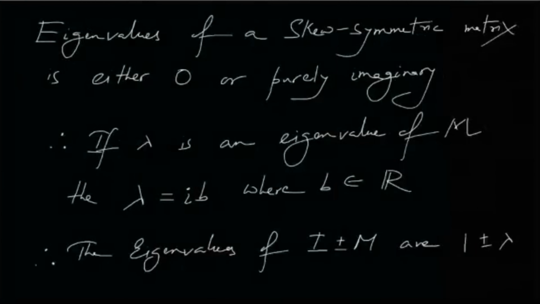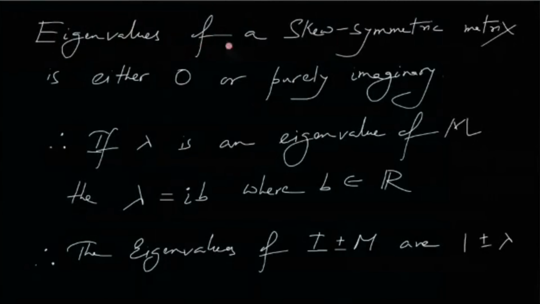Now the eigenvalues of a skew symmetric matrix are either 0 or purely imaginary. We know that this is a property of skew symmetric matrices. Therefore if lambda is an eigenvalue of M, then lambda equals i b, where b is a real number and i is the iota, root over minus 1.